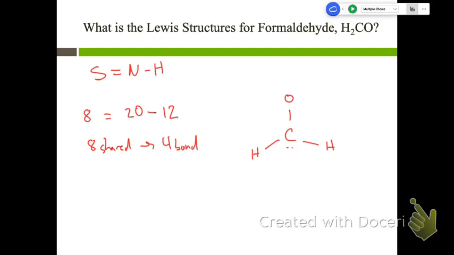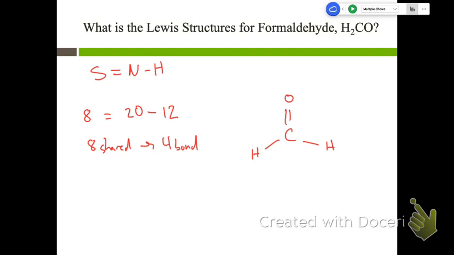How do we know that that's not going to happen? Because oxygen still needs more. Carbon only has 4 bonds, and it has to have 4. There are a number of reasons why this isn't going to work, but the first and most obvious one is that if we knew there were 4 bonds, we would have put the 4th bond to oxygen. So then we deal with the lone pairs later.